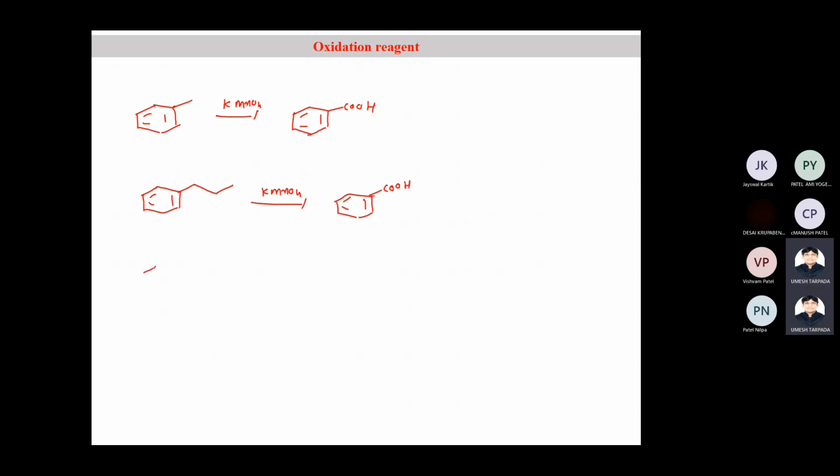If you have this type of compound, this is also oxidized to malic acid. The carbon which is joined with the ring gets oxidized to COOH.